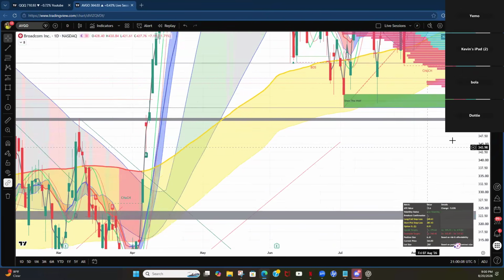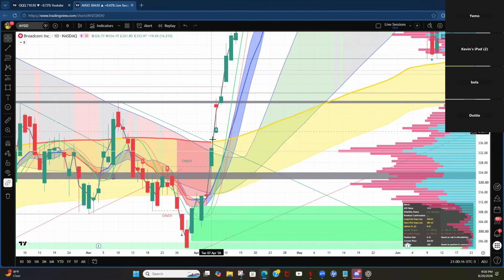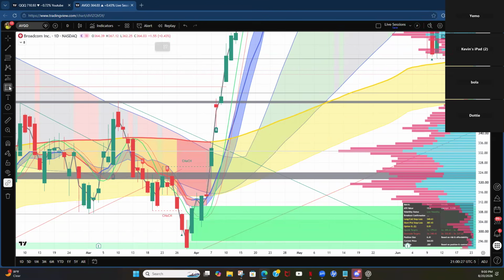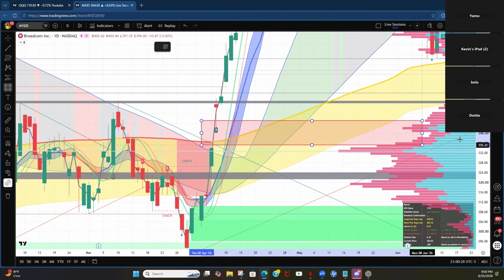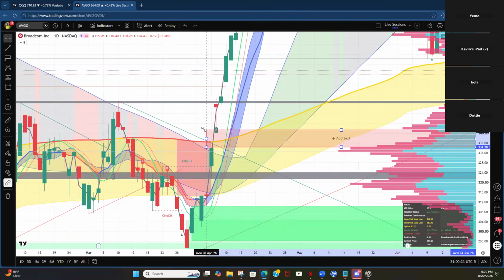Let's see what kind of gaps we have in this chart. While we close this gap, there's still this gap all the way down at 334.15 right here. So there's still a gap in this chart that you're just getting closer and closer to the more it pulls back. But let's just look at price action.